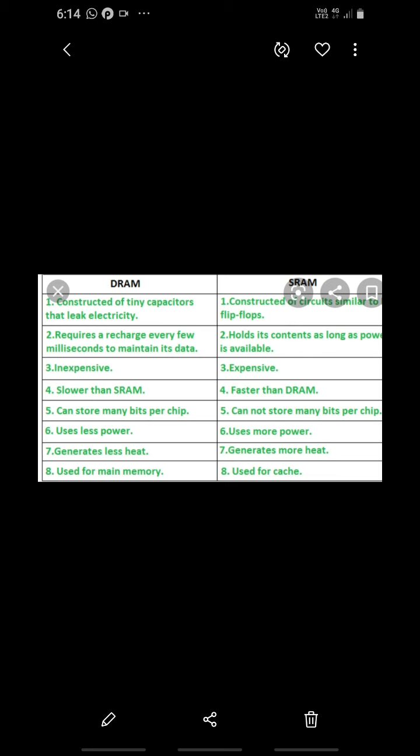DRAM is inexpensive, SRAM is expensive. DRAM is slower than the SRAM, SRAM is faster than the DRAM. DRAM can store many bits per chip, SRAM cannot store many bits per chip. DRAM uses less power, SRAM uses more power.